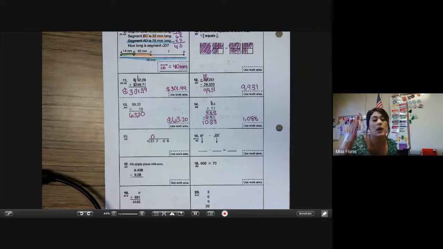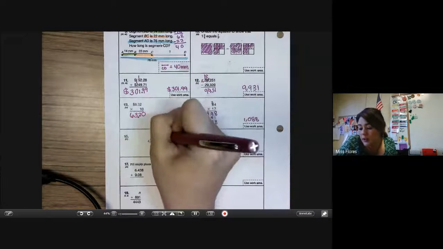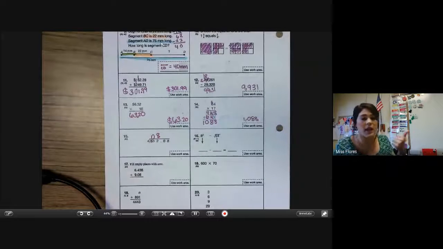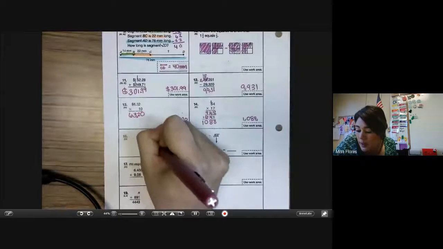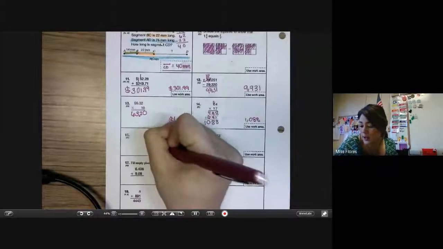So we want to make sure we are doing everything we need to do to stay organized and make sure that all of our place values are on top of the correct place value. Okay, so now we see if 4 goes into 32. We know from earlier that 4 goes into 32 8 times. 8, 16, 24, 32. So you multiply and then you subtract. So we get 0.